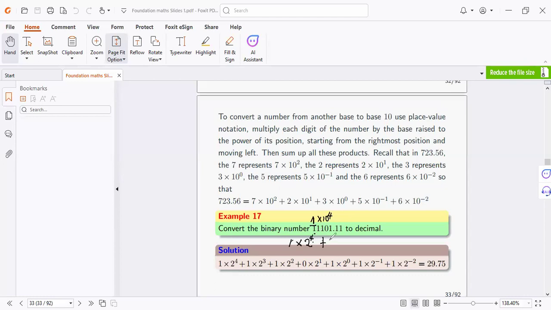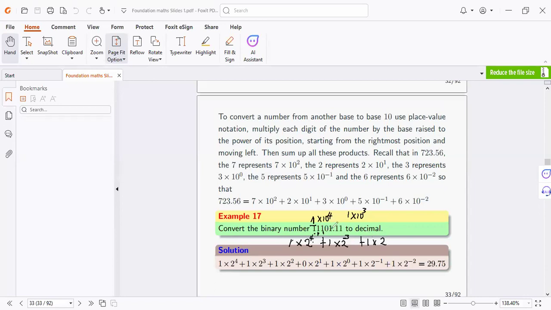Then plus the next one, this one. Its total value is supposed to be 2 raised to what? So 1, 2, 3. So it's supposed to be 2 raised to 3. Then plus the next one times 2 raised to what?